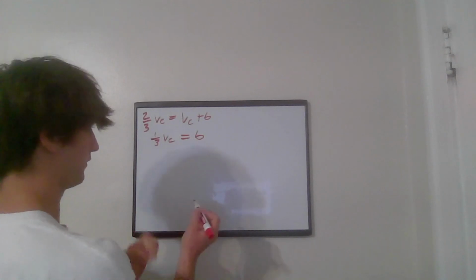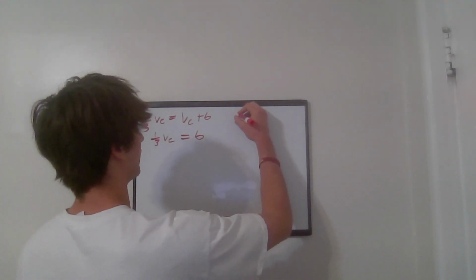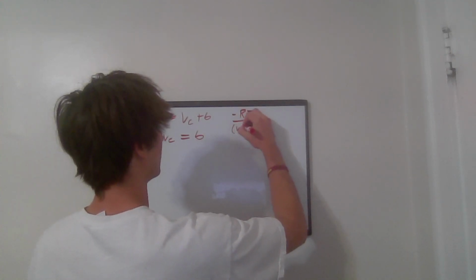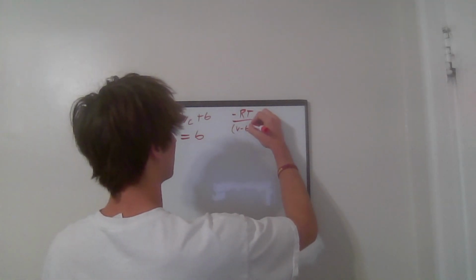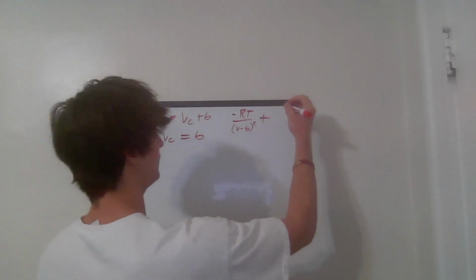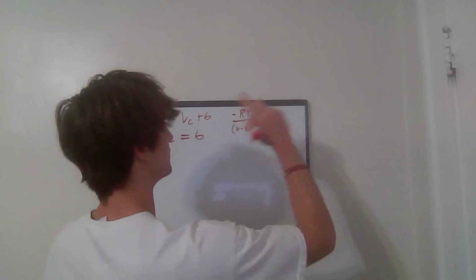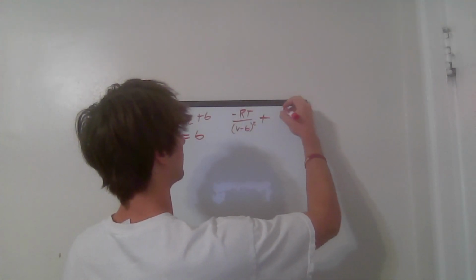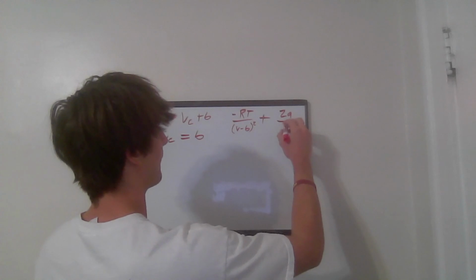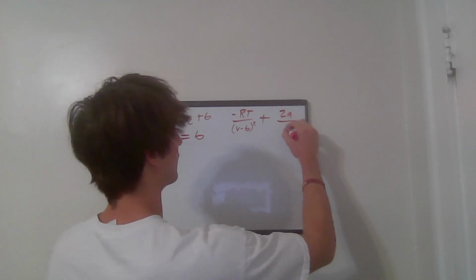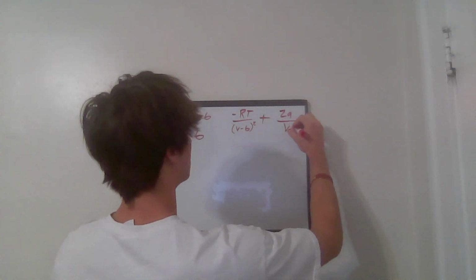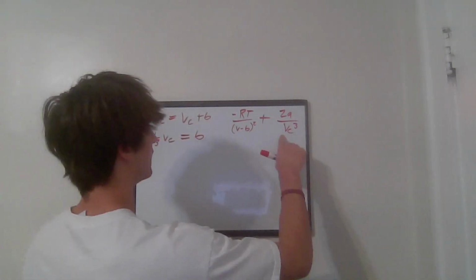So we have B, and our second derivative, again, is going to be our negative RT over V minus B squared plus 2A over VC cubed. That should be our second derivative.